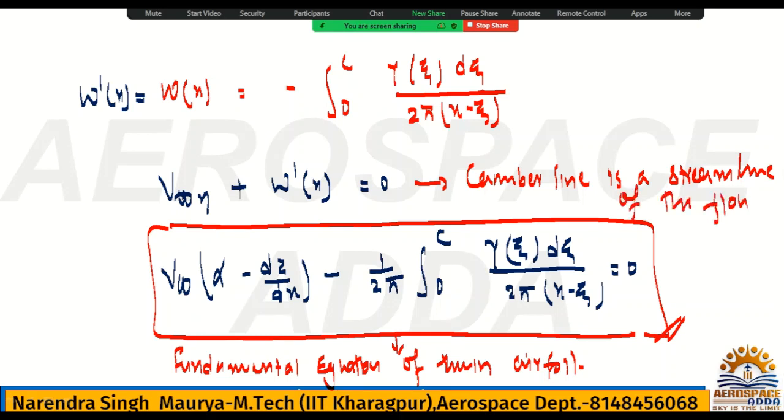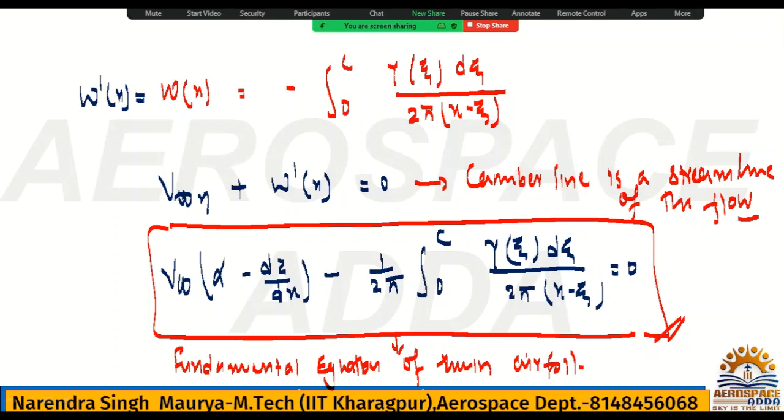Then only the normal component to the streamline will be 0, right? This is not the equation of streamline, this is the characteristic of the streamline, that the normal component or normal velocity to the streamline will be 0. Okay, and you have used that characteristic, and then finally you got the fundamental equation of thin airfoil.